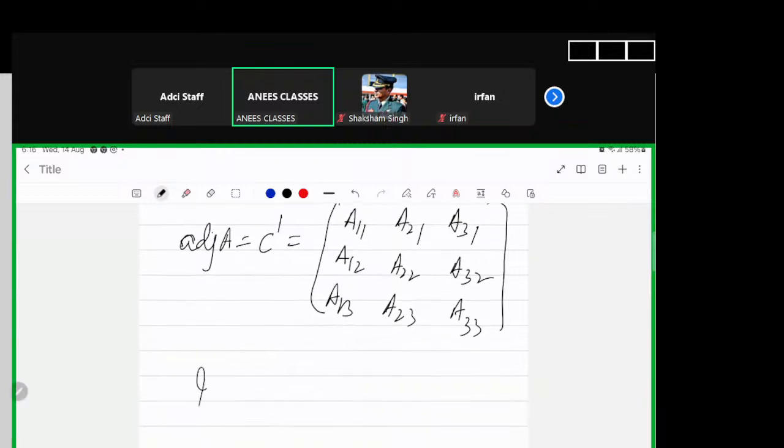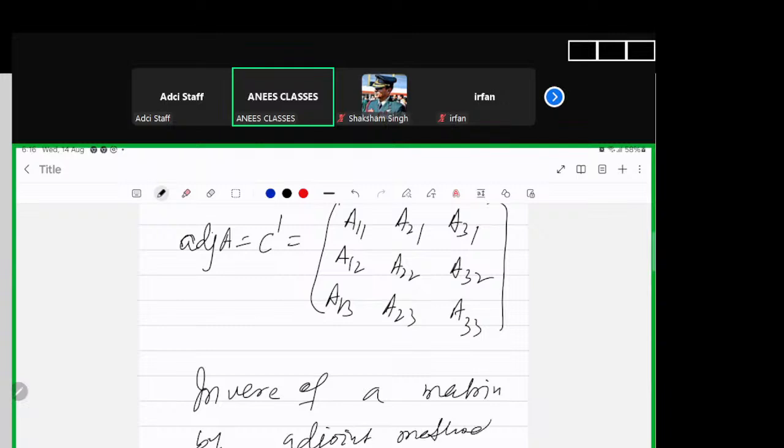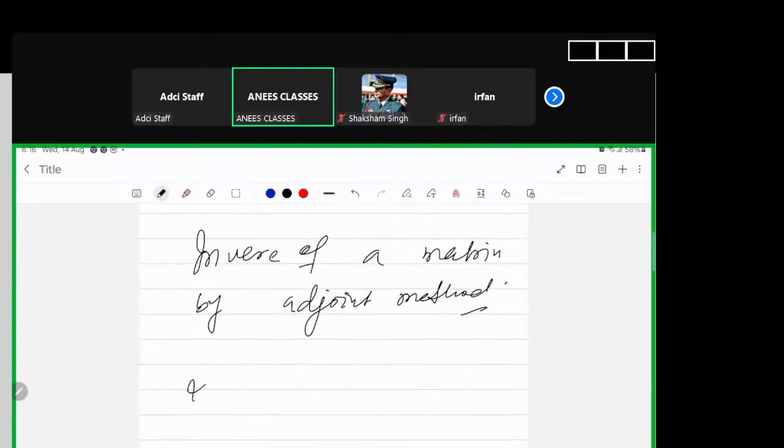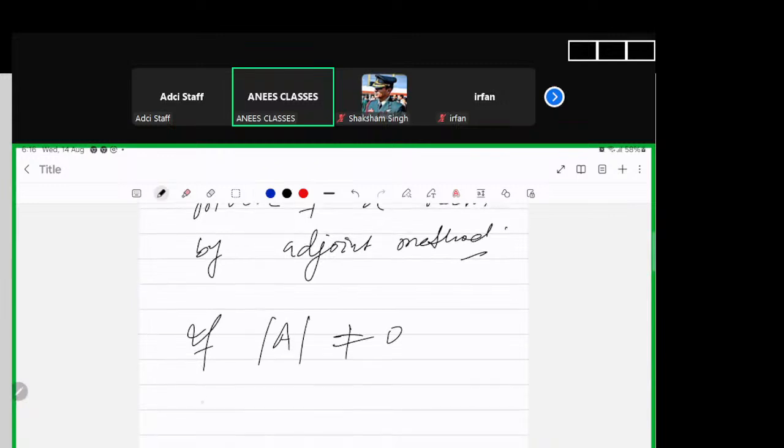Now, inverse of a matrix by adjoint method. If determinant A not equal to 0, then inverse exists.